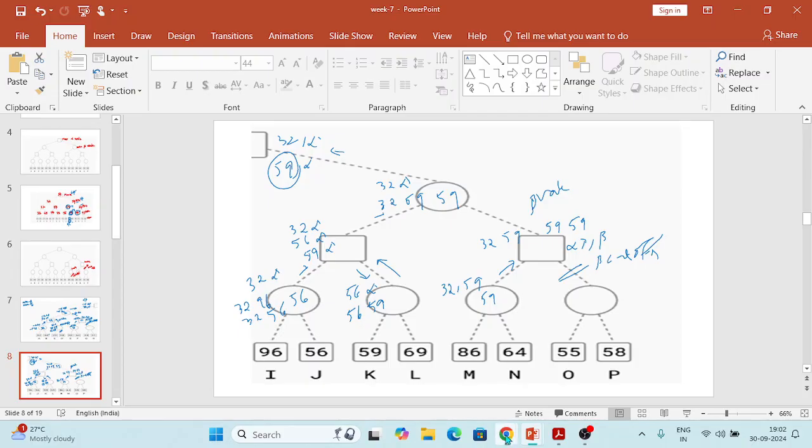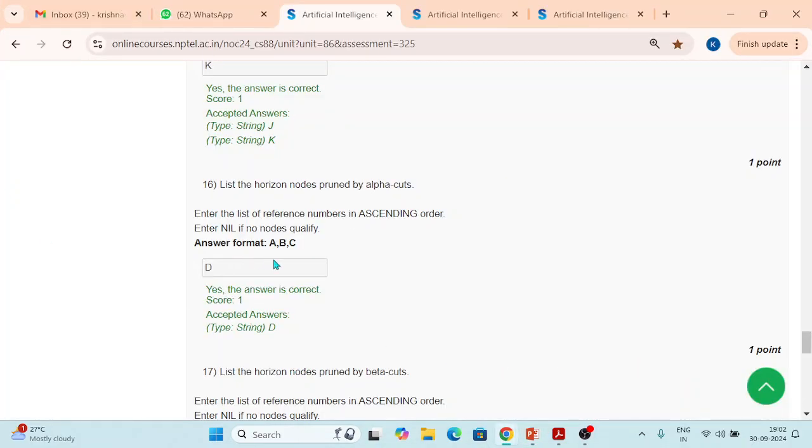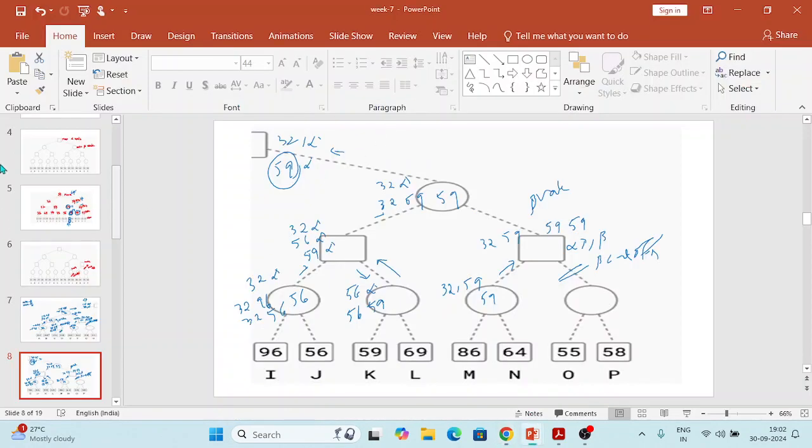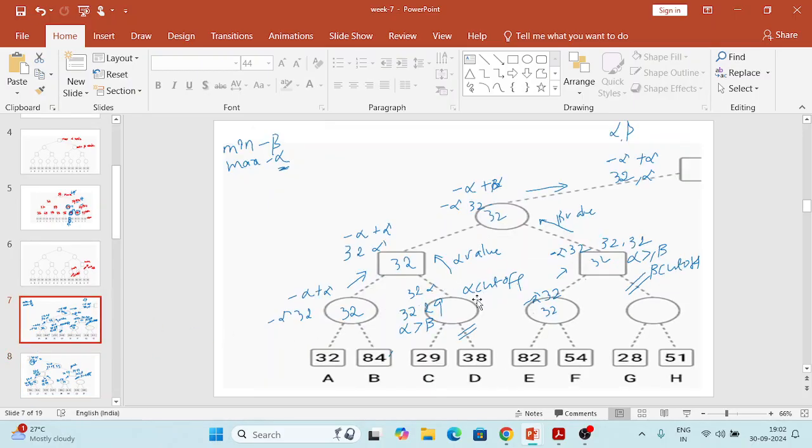Now we will see the questions they asked us to calculate. List the nodes pruned by the alpha cutoffs. First, here we got an alpha cutoff.